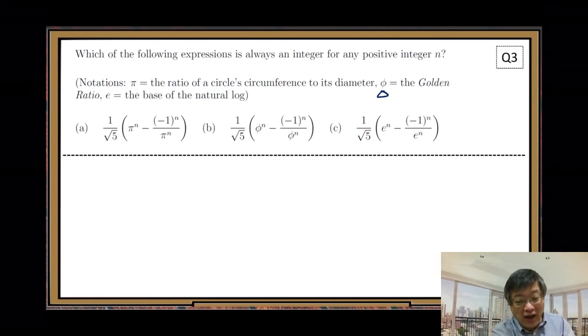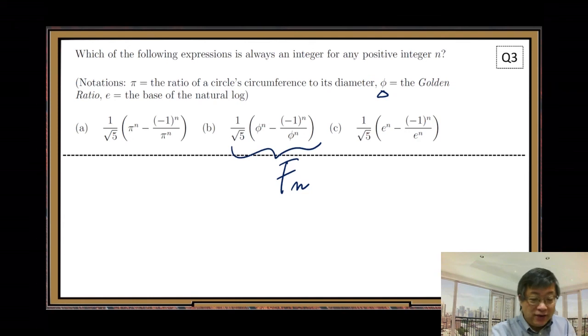But based on our Fibonacci numbers formula, this expression is just f of n, the Fibonacci number. So then you can easily select that B is the correct answer. Fibonacci numbers are all integers.